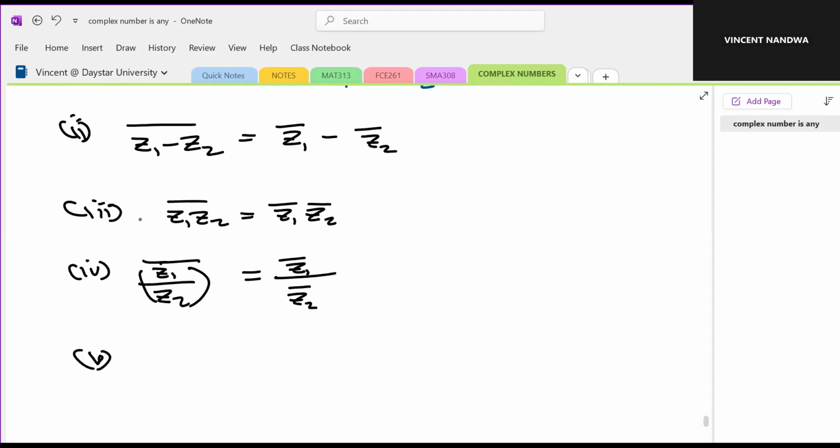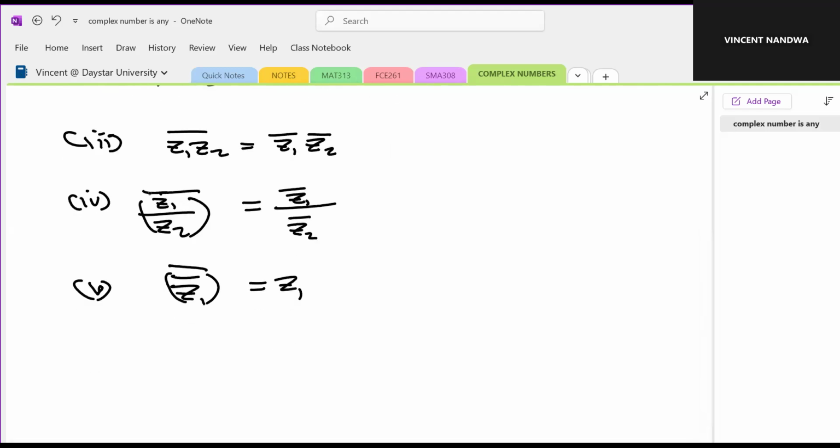And then number 4, the double conjugate of Z1 is the same as Z1 itself. Then number 6, Z is real if and only if Z is the same as its conjugate.